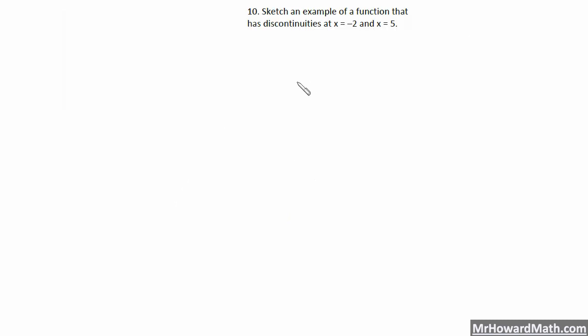Alright, so 10 says, sketch an example of a function that has discontinuities at x equals negative 2 and x equals 5. Okay, so what it looks like doesn't matter just as long as it has discontinuities at x equals negative 2 and x equals 5. So I can just put here at x equals negative 2, I can put a solid circle here and line segment going that way, and then an open circle here at negative 2 still.